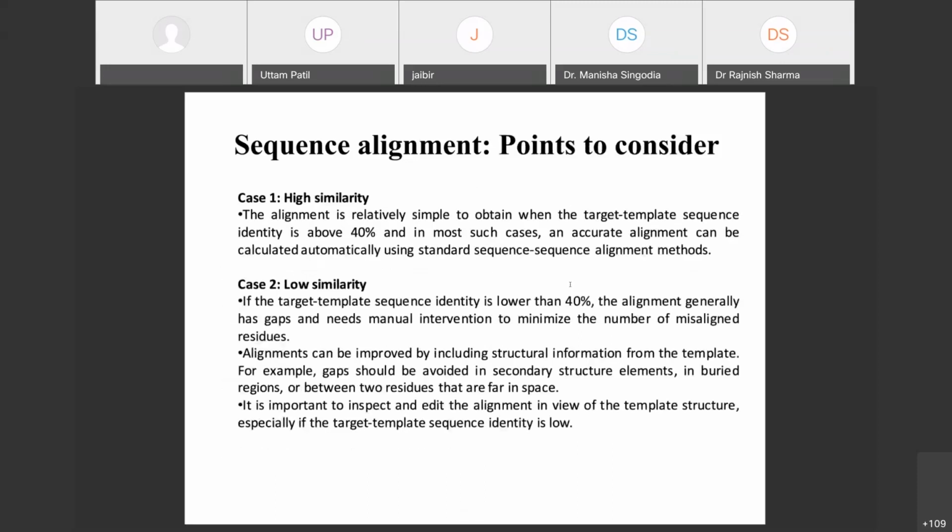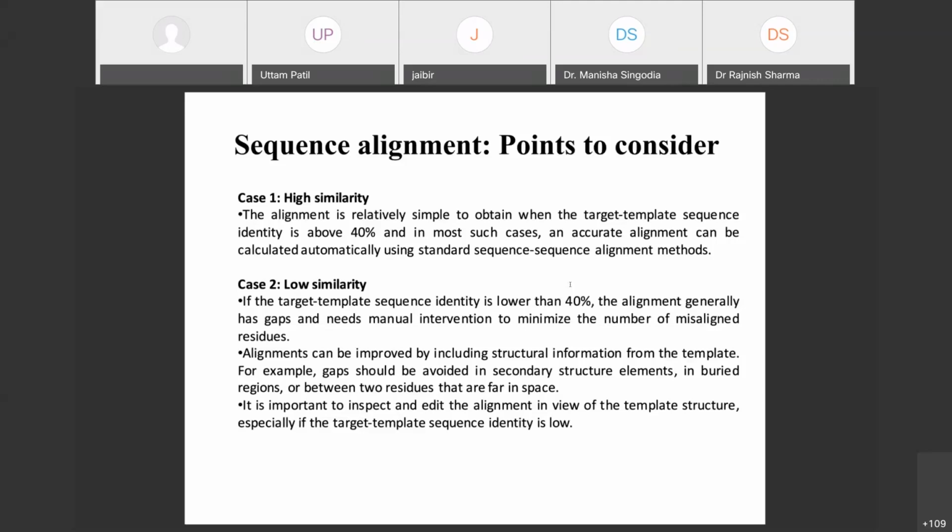So we'll take two cases. Case one is high similarity and case two is low similarity. The alignment is relatively simple if the target template sequence identity is above 40%. Let's say, for example, 40% of amino acids are identical in the two given sequences.